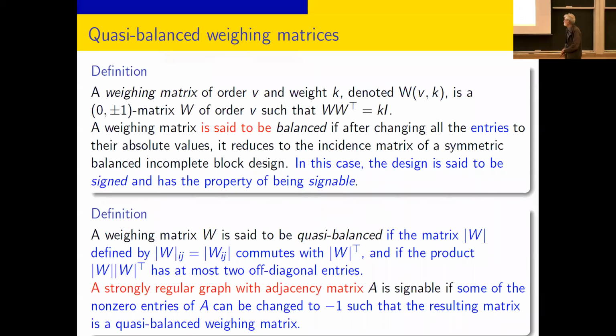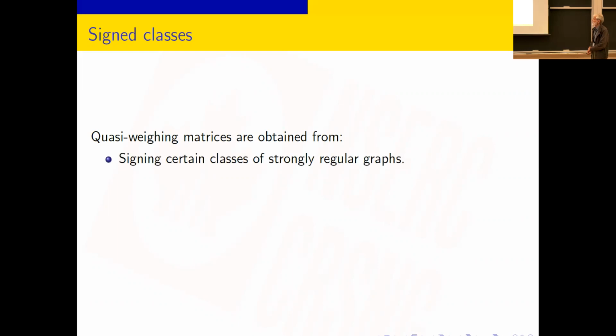Okay, so let me go a little bit into what sort of classes we have of signed objects. Number one, quasi-balanced weighing matrices are obtained from signing a certain class of strongly regular graphs. It was natural that we start by looking at strongly regular graphs and do an exhaustive search for small orders to see which ones are signable.